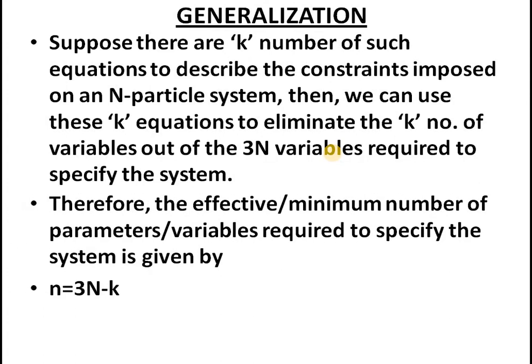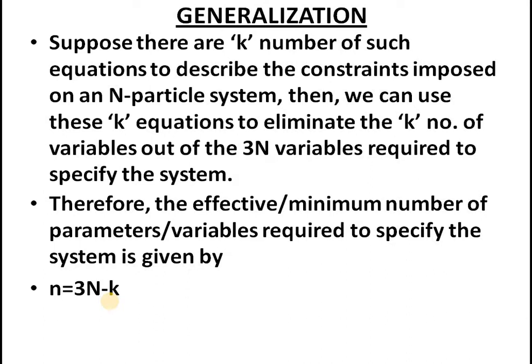So you can write the degrees of freedom of the system is 3n minus k. Understand? The total number of variables required to describe the system satisfactorily is reduced. We can describe the system with 3n minus k variables. So n is equal to 3n minus k.